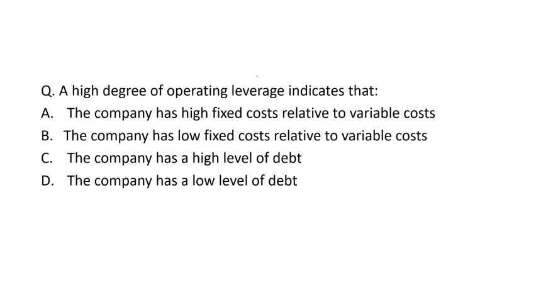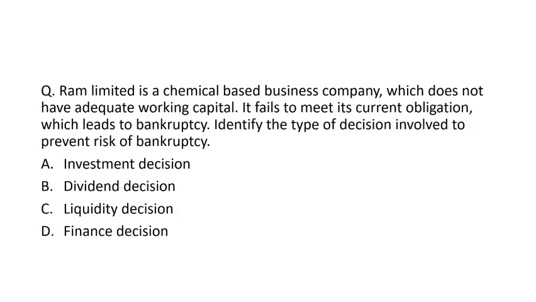If the company is using debt at a large proportion, then we say that the financial leverage of the company is very high. And either it is operating or combined or financial leverage, leverage is always determined in the units of times. Okay, so option number A, a company has high fixed cost relative to low variable cost, is correct if a company is having high degree of operating leverage. Okay, let's move to next question.